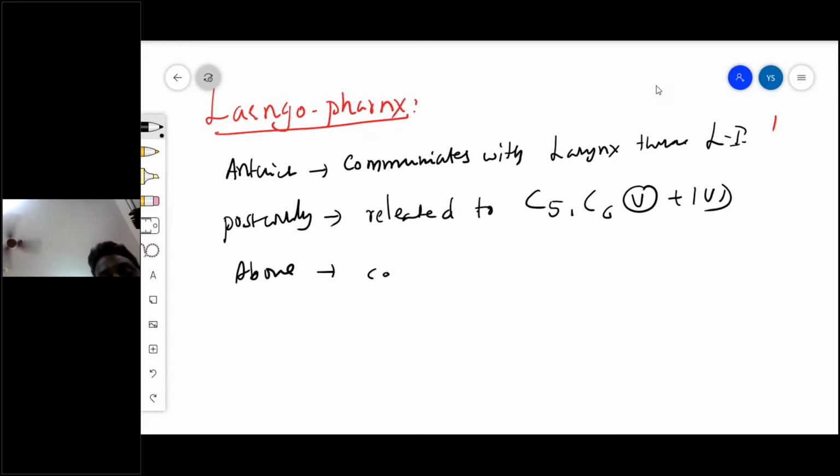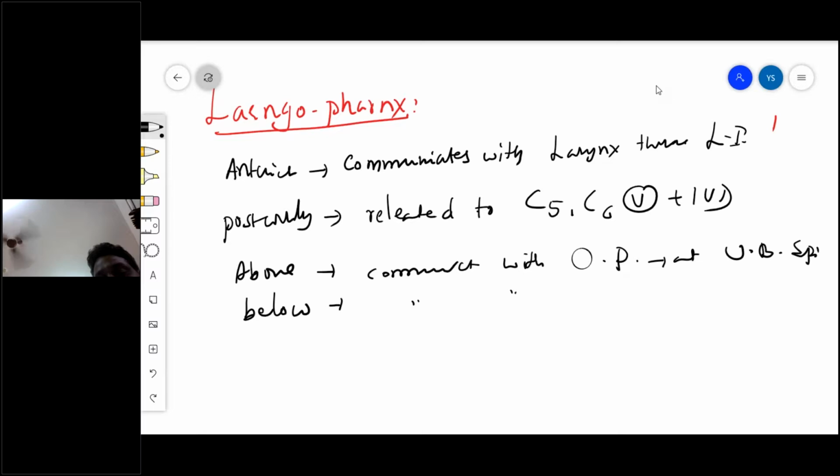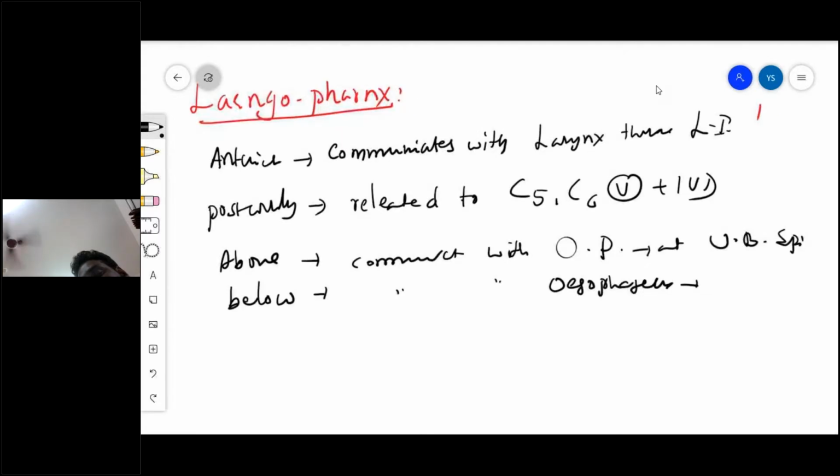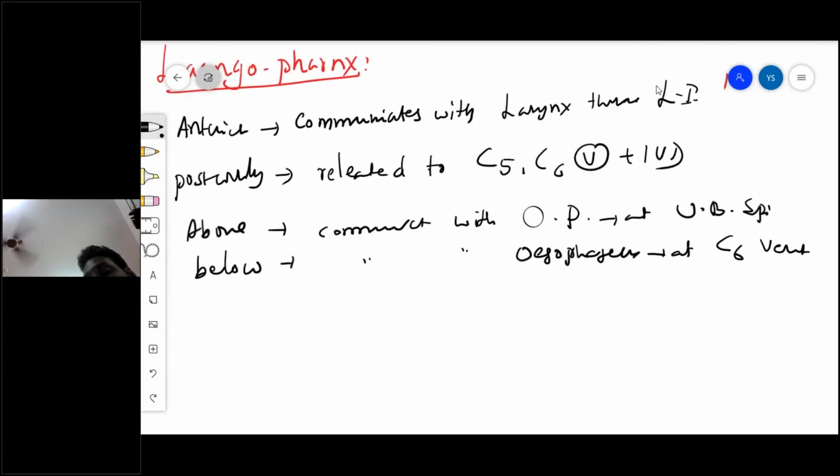Above, communicates with the oropharynx at the upper border of the epiglottis. Below, communicates with the esophagus at the C6 vertebra.